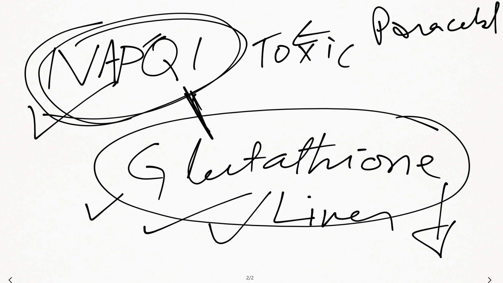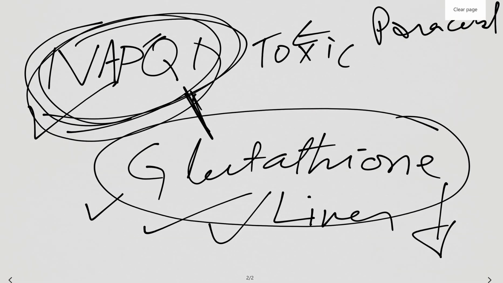It will be depleted, and in this way the toxic metabolite cannot be metabolized or removed, and its accumulation will lead to liver failure and death. So this is the answer for the question about paracetamol toxicity or overdose.